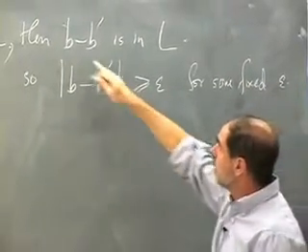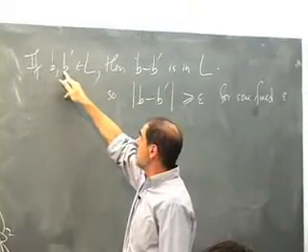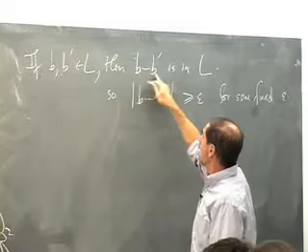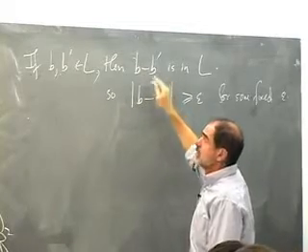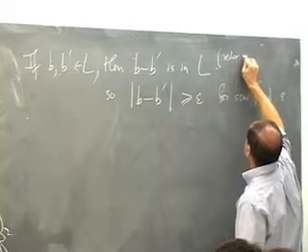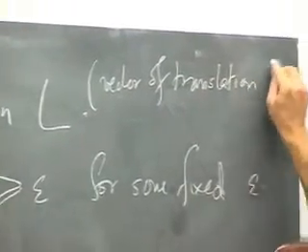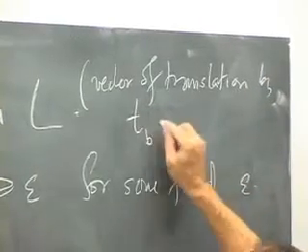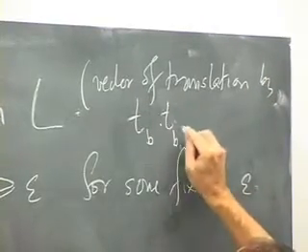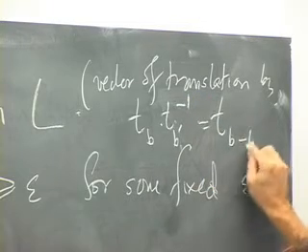Well, that's because you have translation by b, you have translation by b prime. This would be the vector of translation by T of b times T of b prime inverse, which is T of b minus b prime.